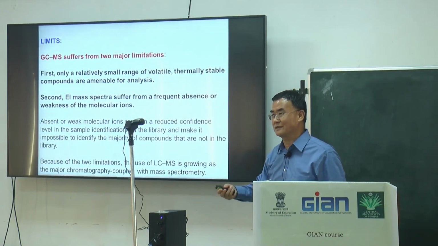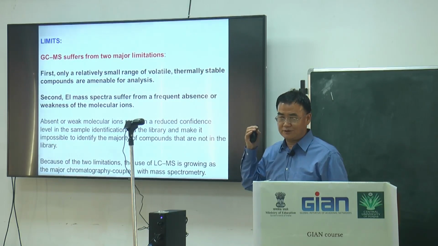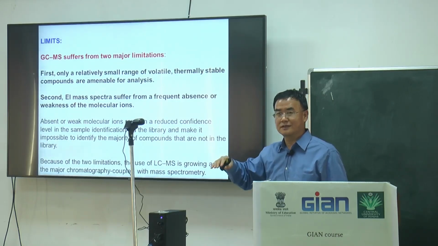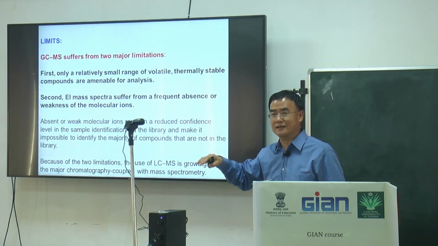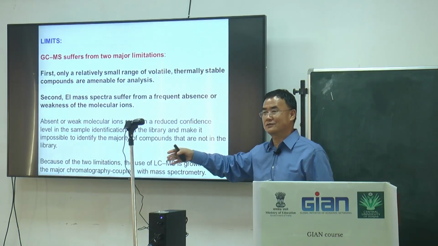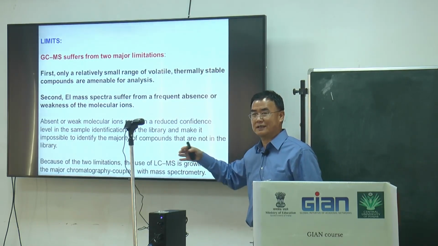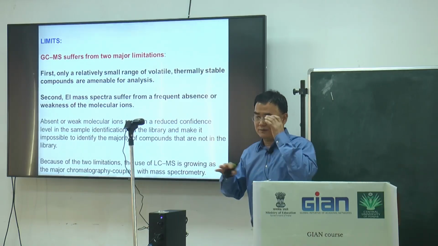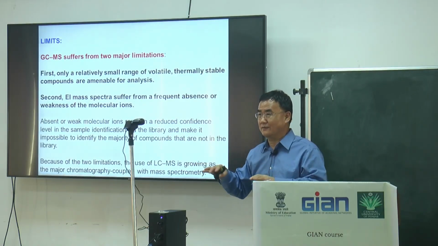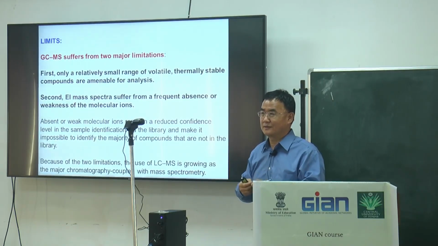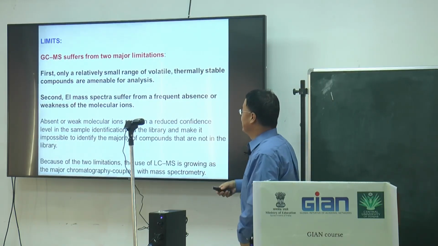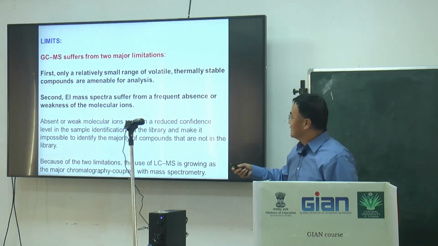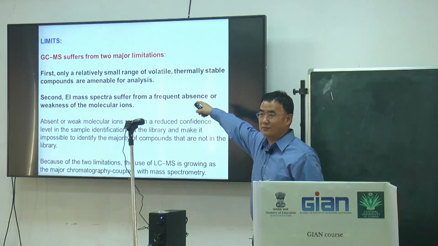And this method has been used in almost all the cuticular wax studies. They don't choose to use LC-MS to study the cuticular wax, because GC-MS is very specific and can identify all the cuticular waxes. So that's why we still try to overcome this limitation.